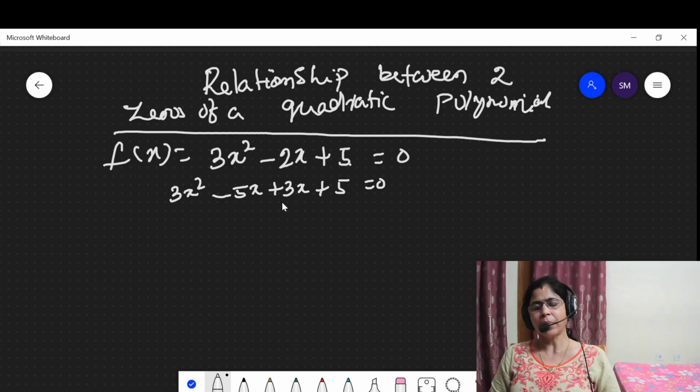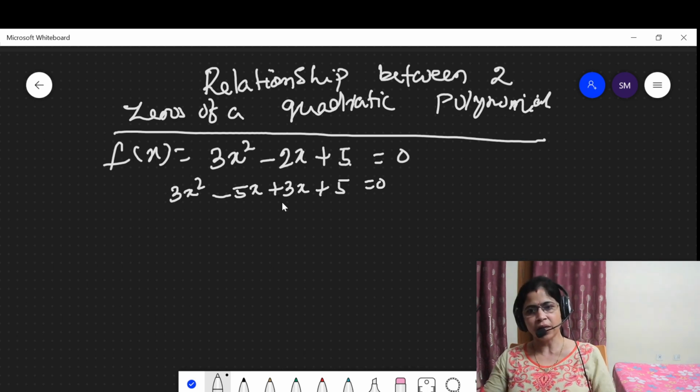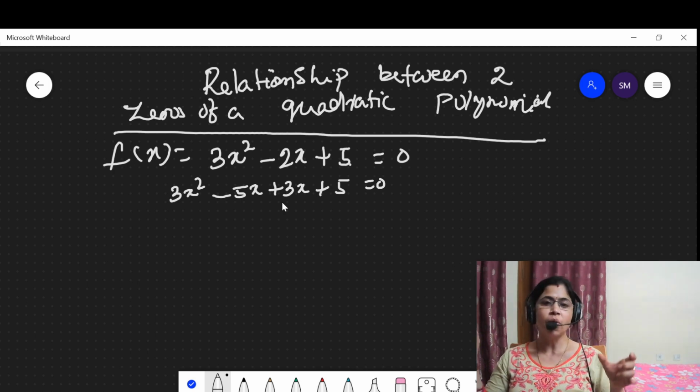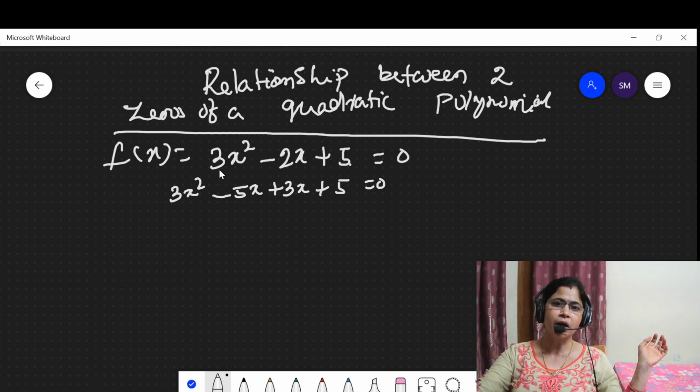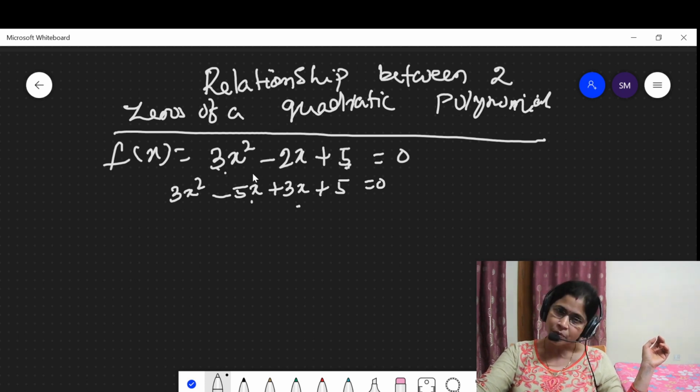Recall the middle term factorization. It says split the middle term in such a way that when we add, we get the middle term, and when we multiply these two terms, we get the product of the first and last terms. Here minus 5x into 3x is equal to minus 15x square. Sorry, this is minus 5. This is minus 15x square. Now take x common.